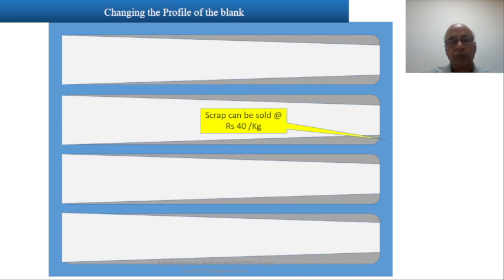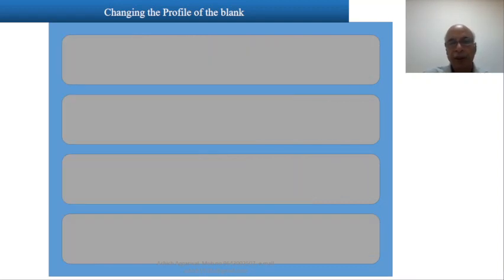I have more scrap available with me. This scrap can be sold. I can get a substantial amount by selling the scrap, so I can reduce the raw material cost because I am getting money when I dispose of the scrap.